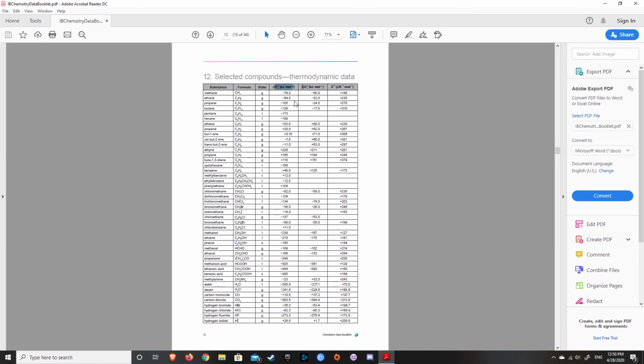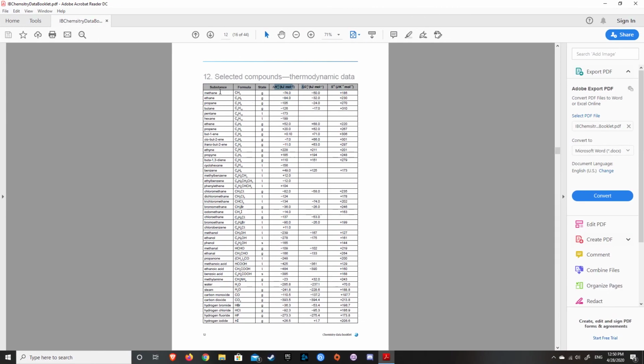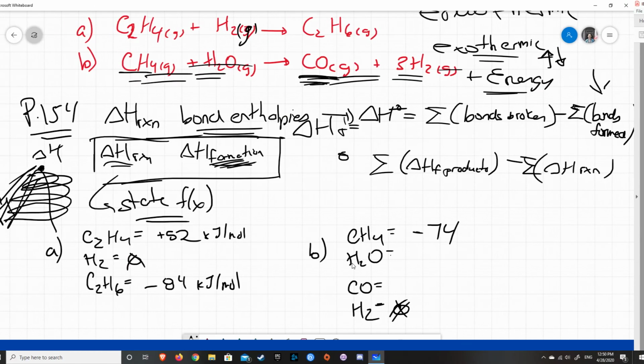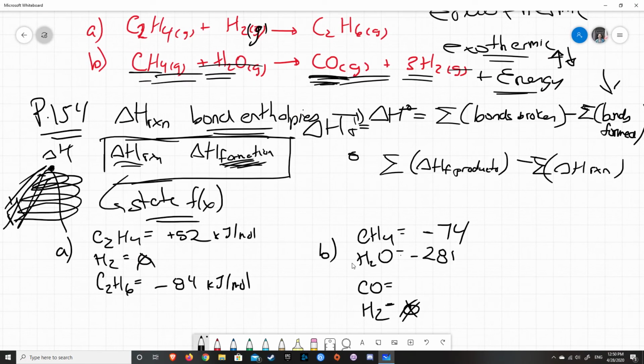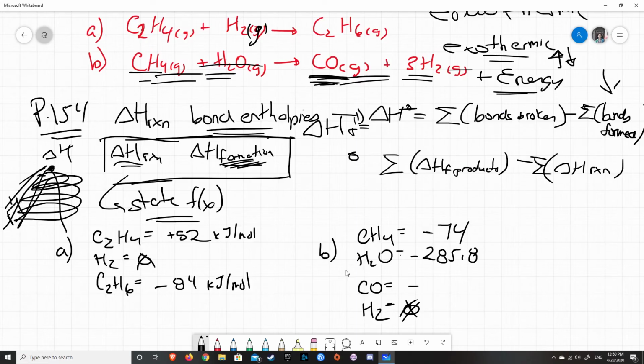Methane, CH4, is negative 74. H2O, let's see if they've got water here. H2O is negative 285.8. And carbon monoxide is negative 110.5.